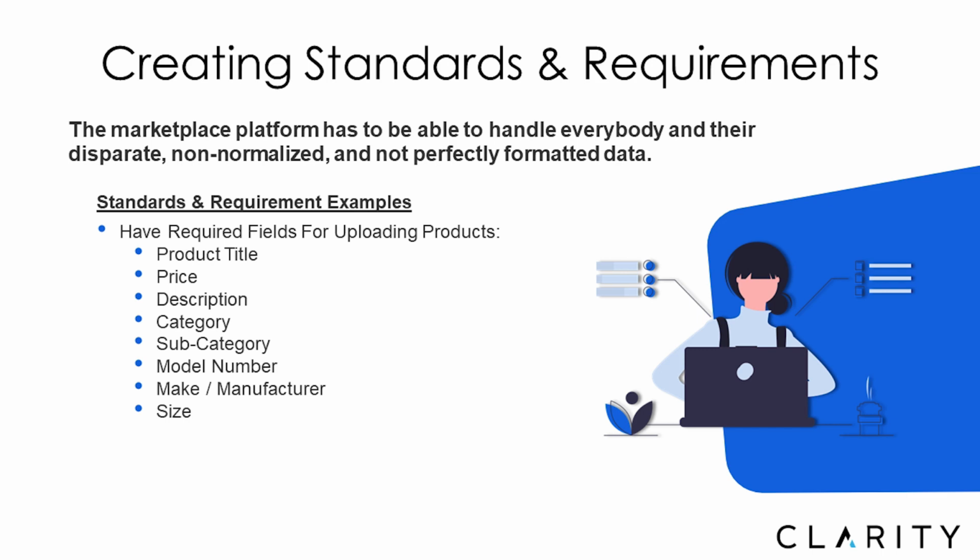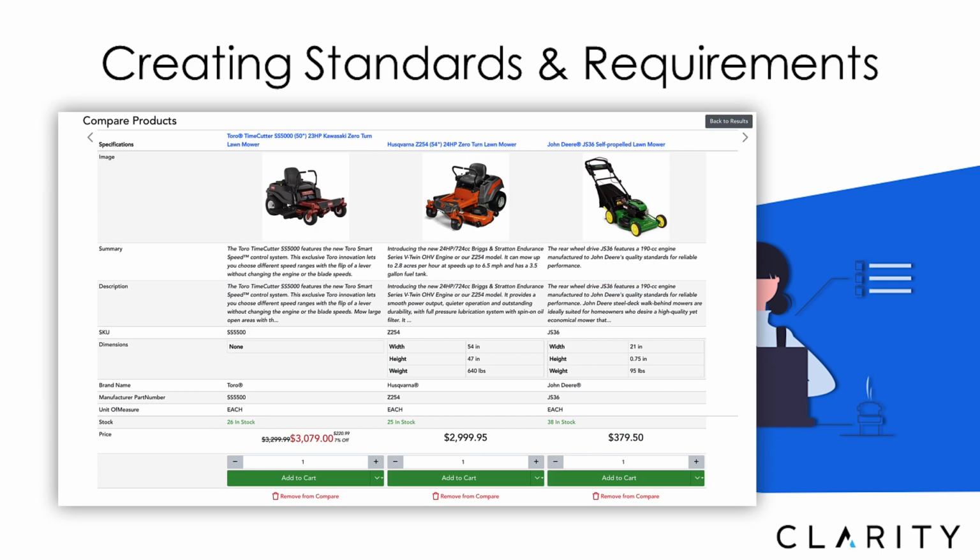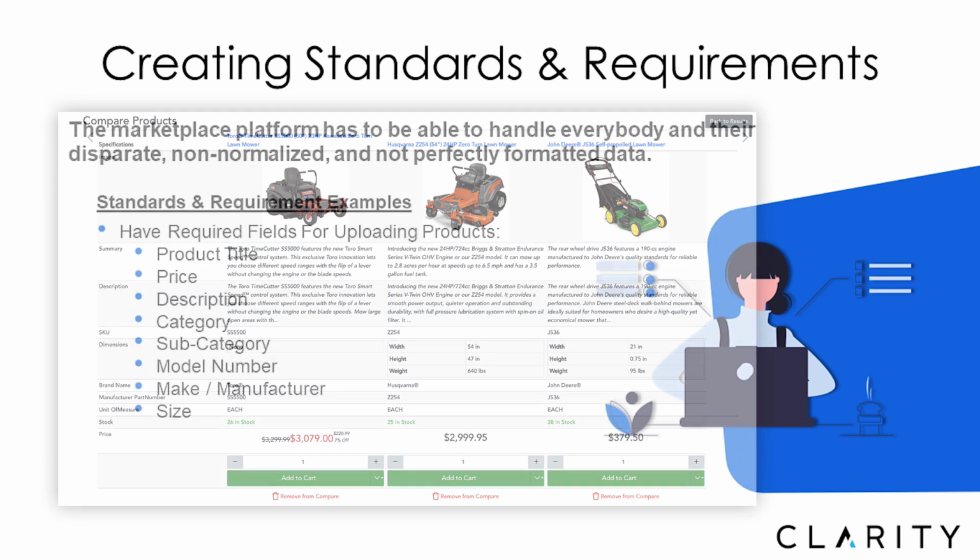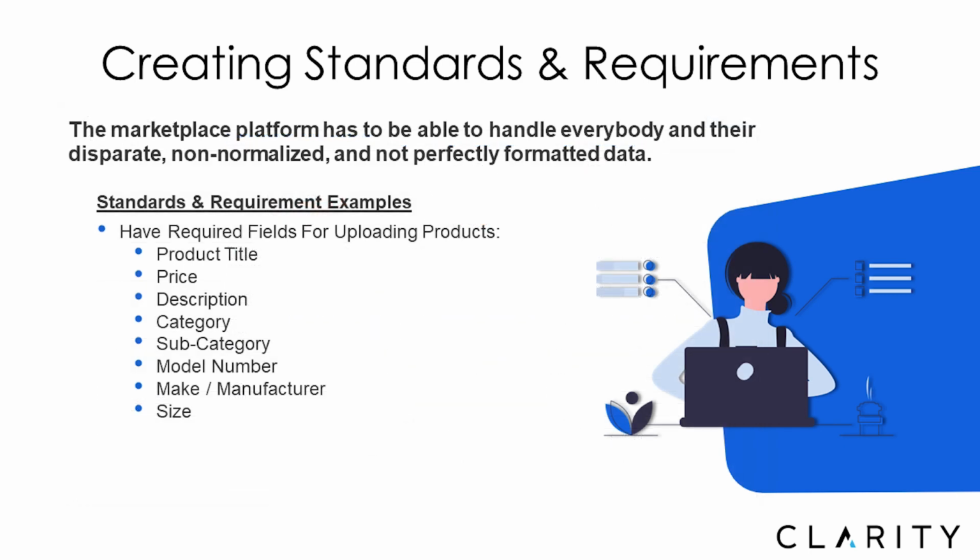So when people go to compare my mower that I offer against the one Chris is offering against the one offered by another vendor, they have at least the same features and the same size pictures, if you will, so that I can truly compare them apples to apples, because that's really the experience they want. So a significant amount of that can be dealt with in templates, right?